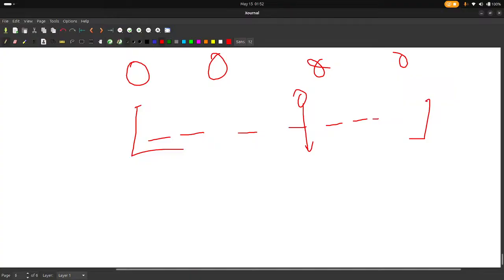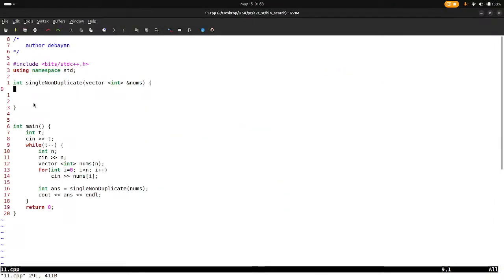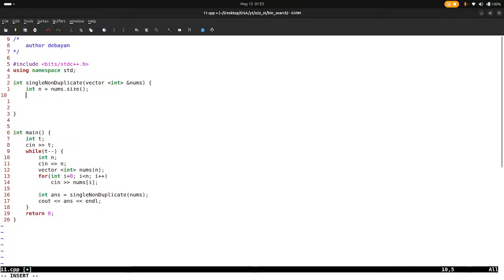Because when there are two same elements, like 2, 2, 1, 1, 3, they cancel themselves out as 0, so 3 will be returned. So I will take n equals nums dot size and do a simple iteration.